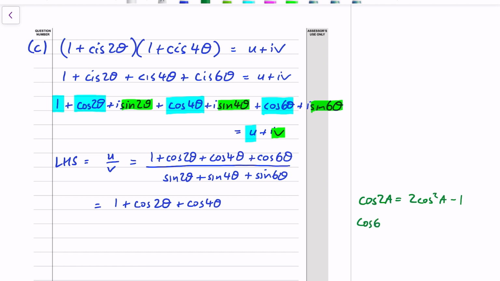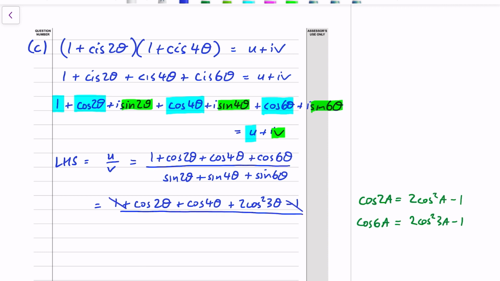So cosine of 6a, 3 times the angle, is 2 cosine squared 3a minus 1. That brings in the 3 theta. It'll also take the minus 1 will take away the positive 1, because it seemed like we had extra terms in the numerator than the denominator, so that's quite useful. So cosine 6 theta, I'm going to replace that with 2 cos squared 3 theta, which the ones will cancel.